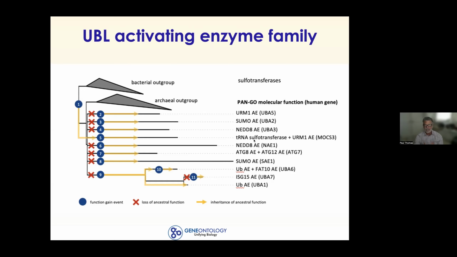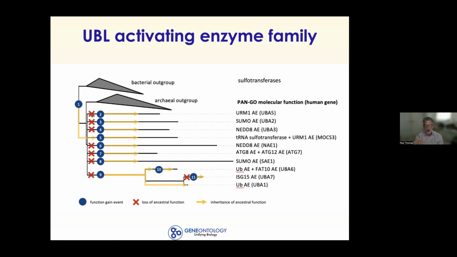So the most likely evolutionary model is that the ancient function was sulfotransferase, which was inherited through all these billions of years to modern-day bacteria and modern-day eukaryotes. But there was functional diversification in the family where sulfotransferase activity, according to our model, was lost, but you can see it was really modified, because there's a sulfur group in the cysteine of ubiquitin that allows it to be transferred.